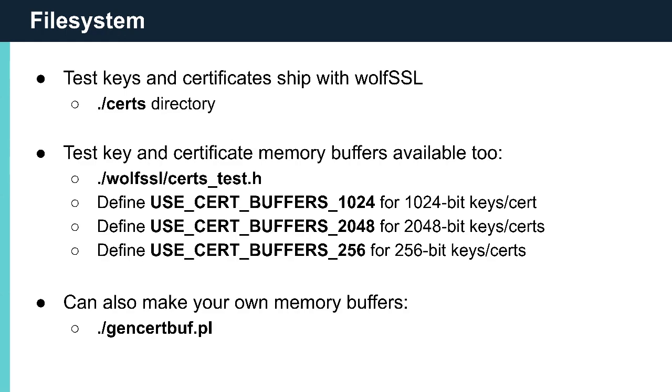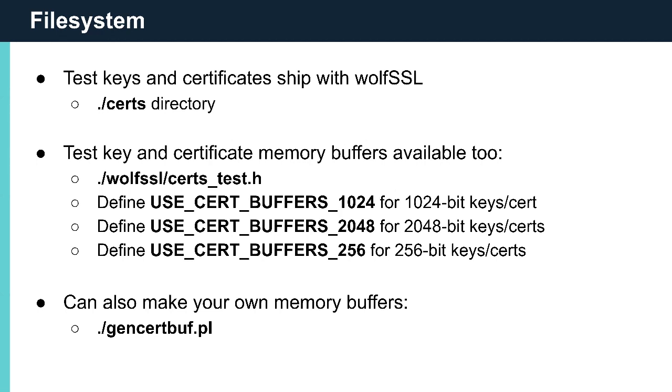If you remember, we looked inside of wolfSSL, we had a certs directory, and we ship a lot of test certificates and keys with the library for prototyping and getting up and running. We also have test key and certificate memory buffers available too. So inside of the wolfssl/certs_test.h header, we have 1024-bit RSA keys and certs if you define USE_CERT_BUFFERS_1024.